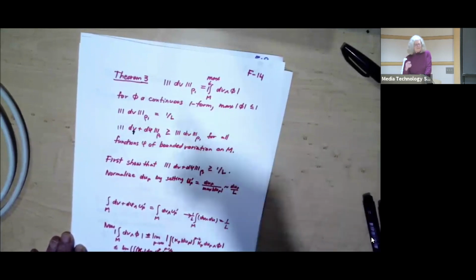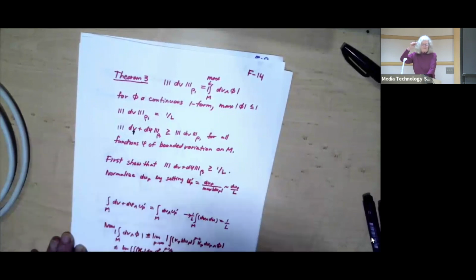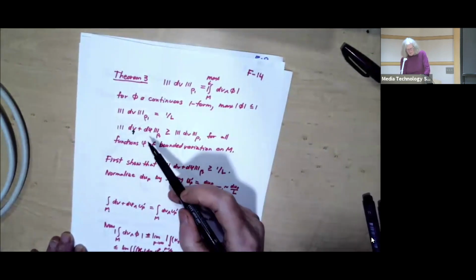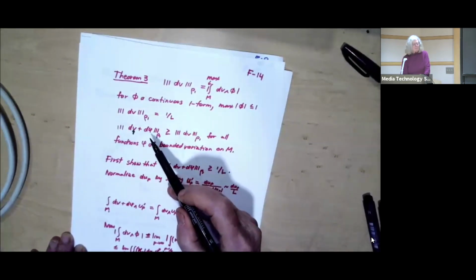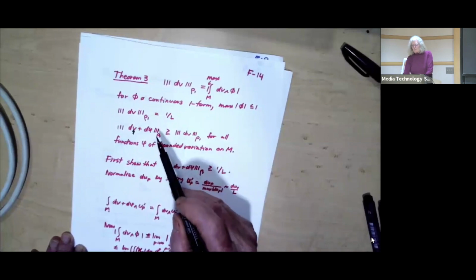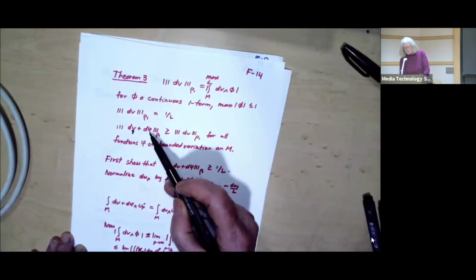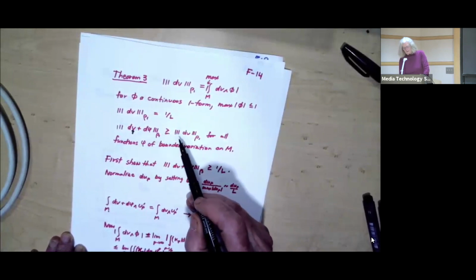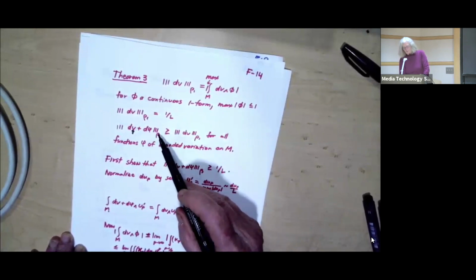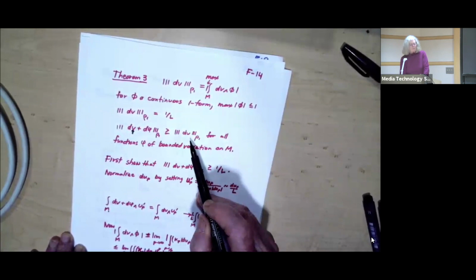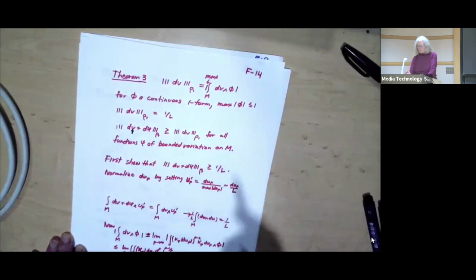This is something that is defined upstairs, and you do all this by integration by parts upstairs, matching things and so forth. But here phi is a function on the manifold, whereas this is a function upstairs, but not on the manifold. So if phi is a function on the manifold, then the norm of this has to be greater than or equal to 1 over L. And that's just integration by parts.